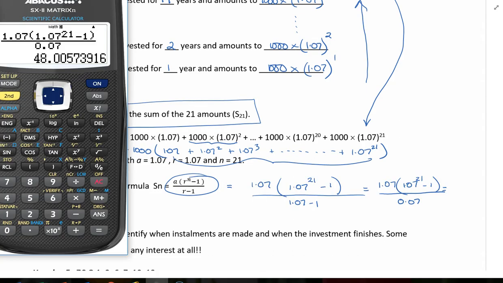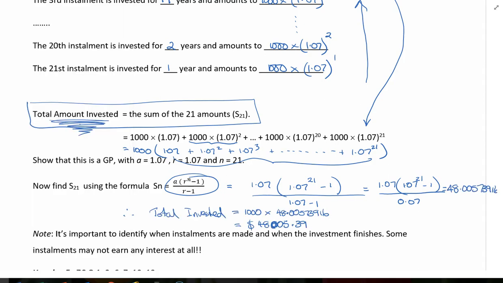So you can see now I've substituted into the formula just using the values that I had identified in the line above, and going to the calculator, and please use the fraction button on your calculator, and you can see that's 48 point, I'll write it to 4 decimal places. In hindsight, I thought I should go a little bit further.